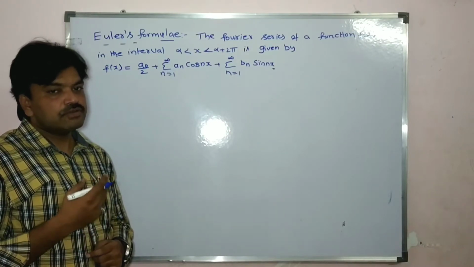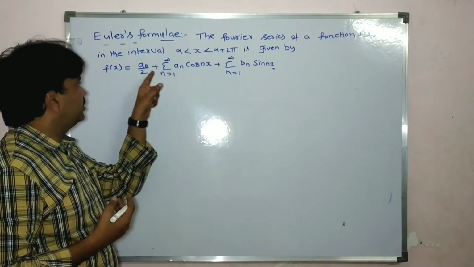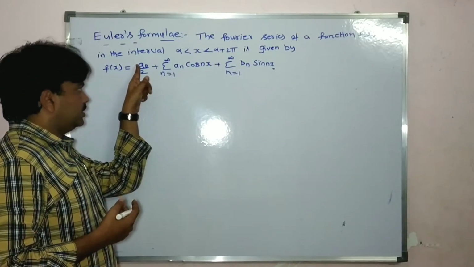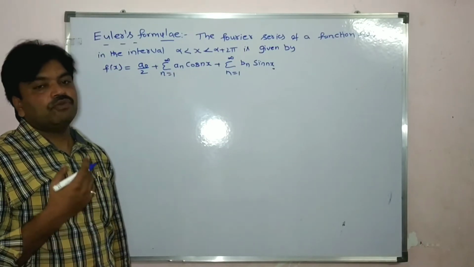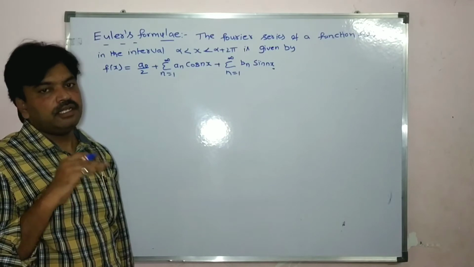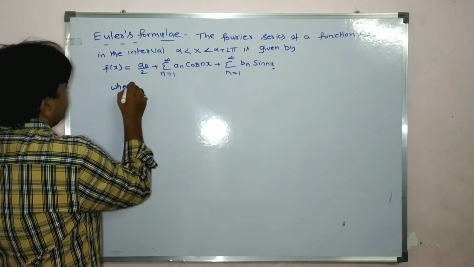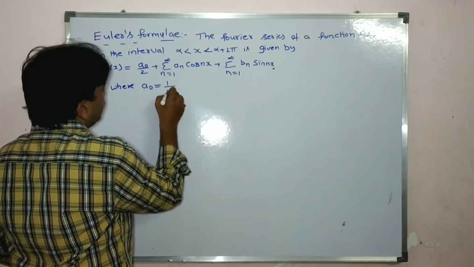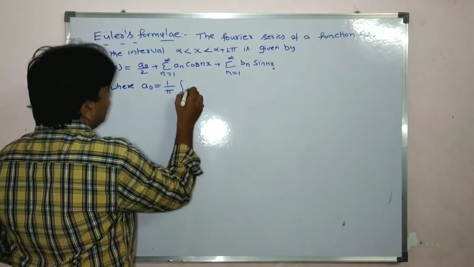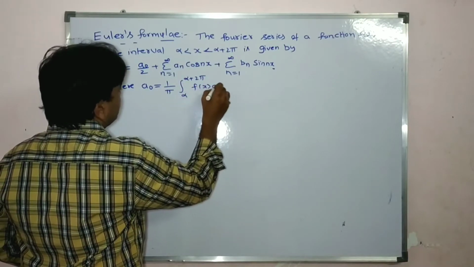In this Fourier series, we are finding the values of a naught, an and bn. Now we need to define what is a naught, an and bn. a naught is equal to 1 by pi integral alpha to alpha plus 2 pi f of x dx.